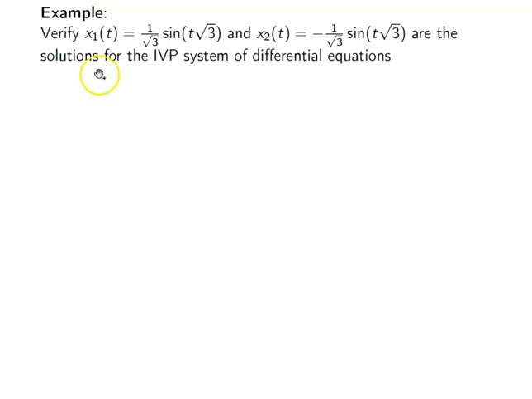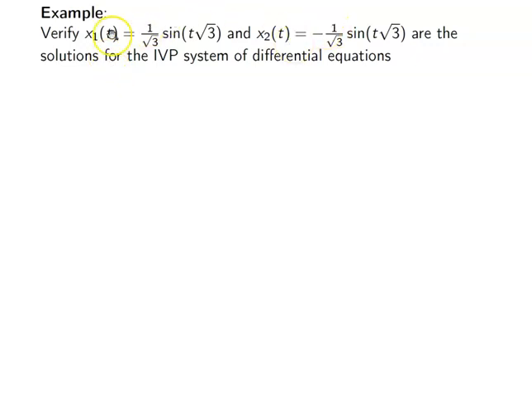Okay. So example, verify that x1 of t, my first solution, which is 1 over root 3 sine of 2 root 3, and x2, the second solution, the negative form, is just opposite in value to x1, so negative 1 over root 3 sine 2 root 3, are both solutions.